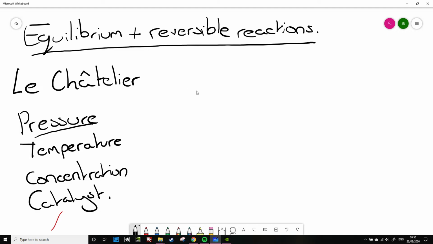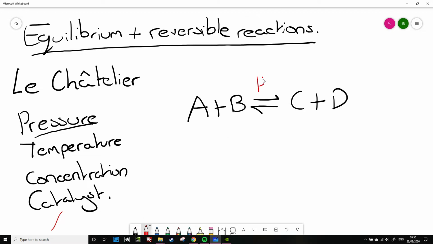If we look at this again, and this time I'm going to go back to our original one, not having to look at moles. You do not need to worry about the moles in this one. But this time we need to worry about it being exothermic or endothermic. So we'll say hot, and we'll say cool or cold again. If this one loves it hot, it must be endo, and this one loves it cold, it must be exo.